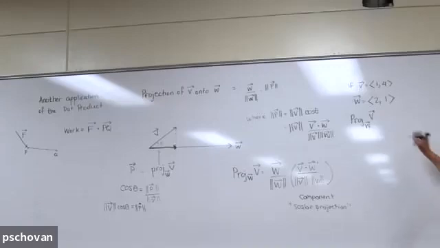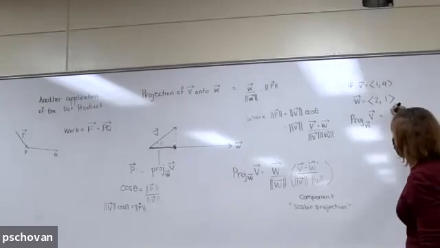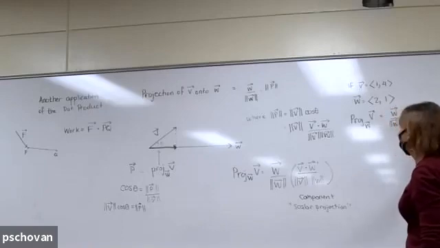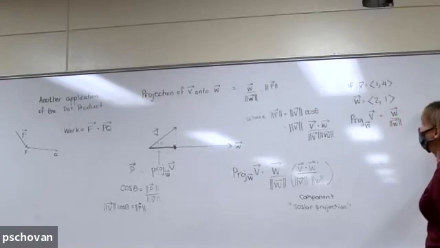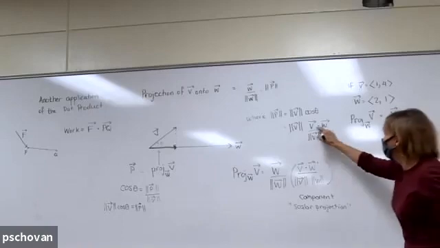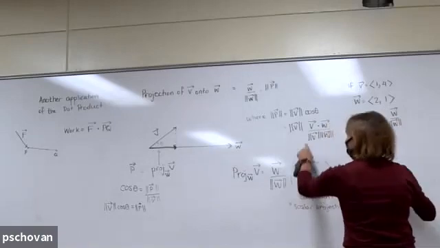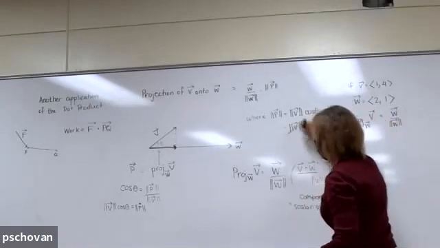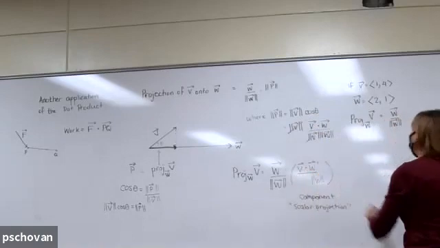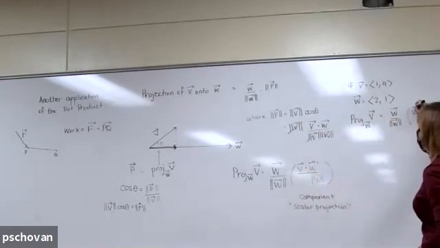We first make a unit vector out of vector W. And then we multiply it by V dot W divided by the magnitude of W. Remember we canceled that one with that one?